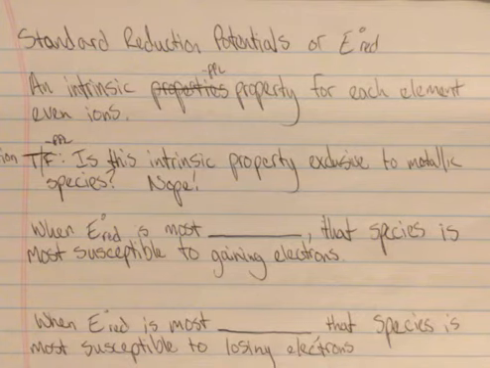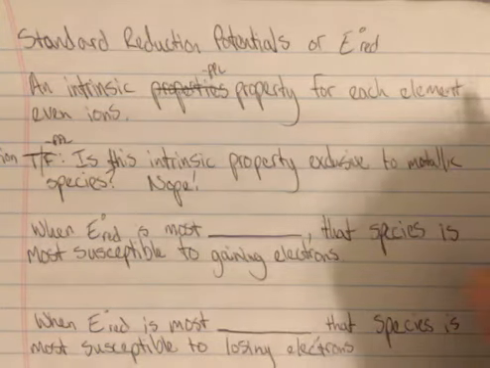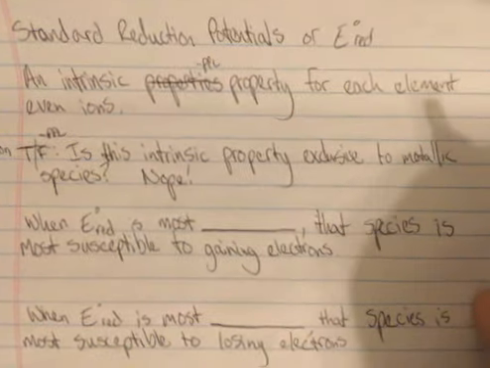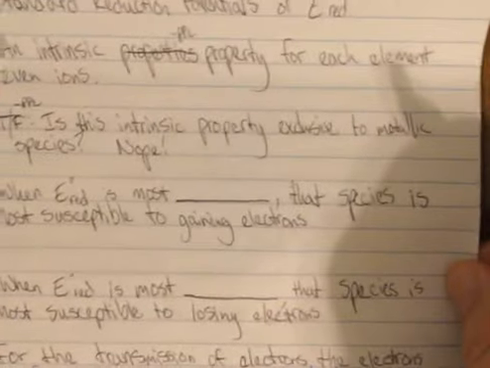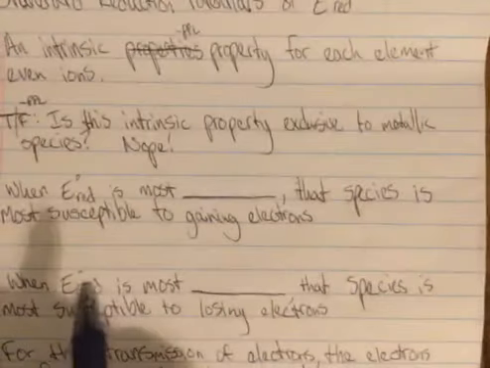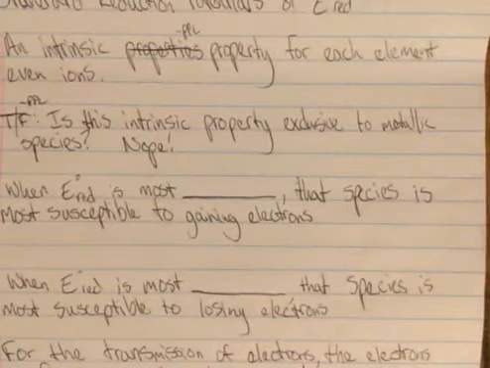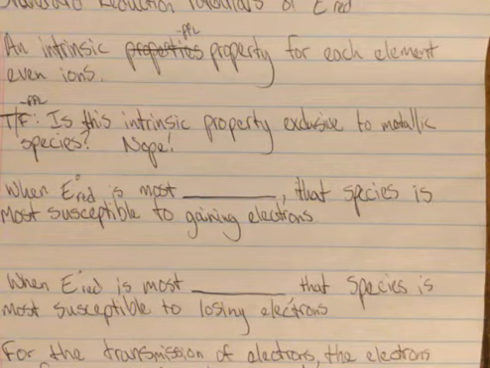So the question is, is this intrinsic property exclusive to metallic species? No, we'll see that we're going to be balancing equations with nitrogen, with sulfur, other things other than hydrogen and oxygen. Now, quick two-part conceptual question, if you will. It says when E standard reduction is most blank, that species is most susceptible to gaining electrons.